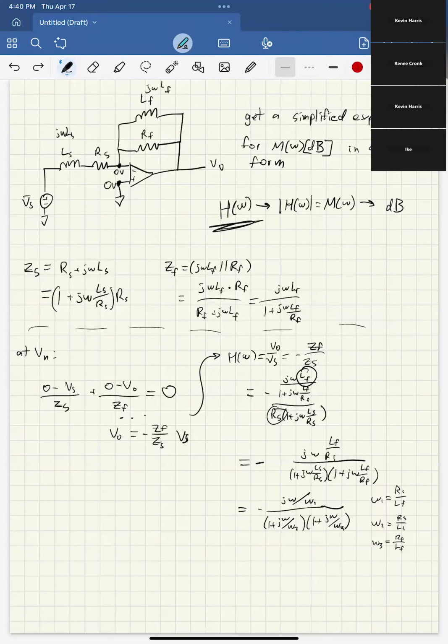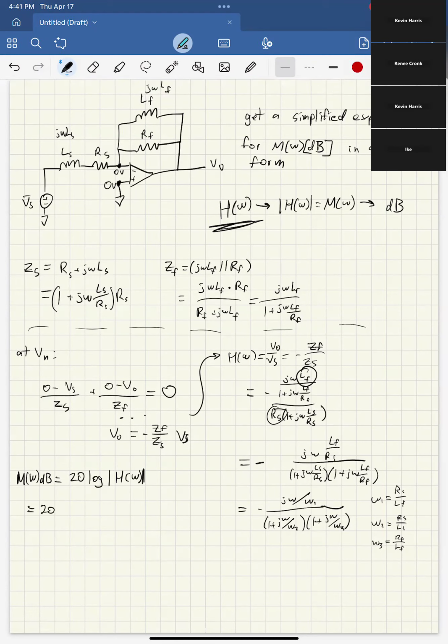So the magnitude of omega in decibels is going to be equal to 20 times the log of the magnitude of H of omega. That's the definition of decibels. Then we use our log rules to split this expression up.